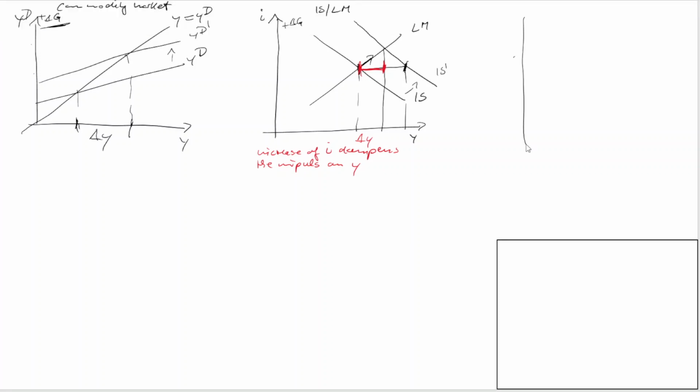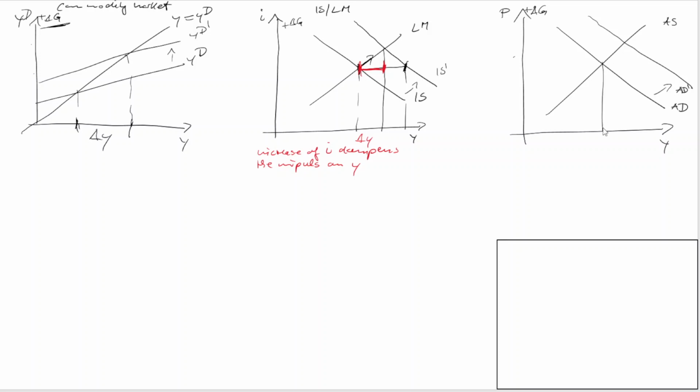So, and then let's go to the AS-AD model. There we argued, due to an increase of government expenditure, we obtain a shift to the upper right of the AD curve.